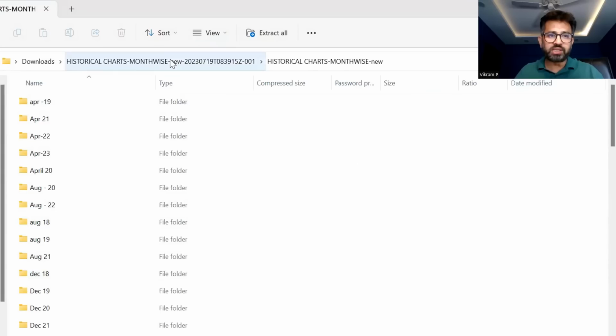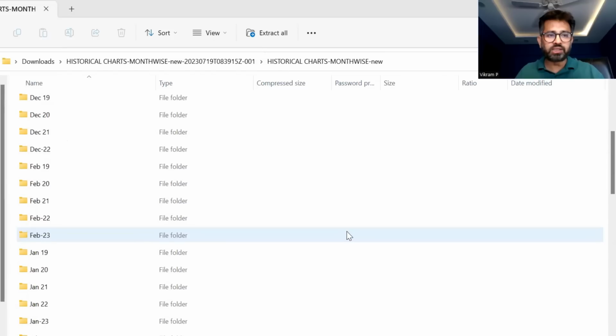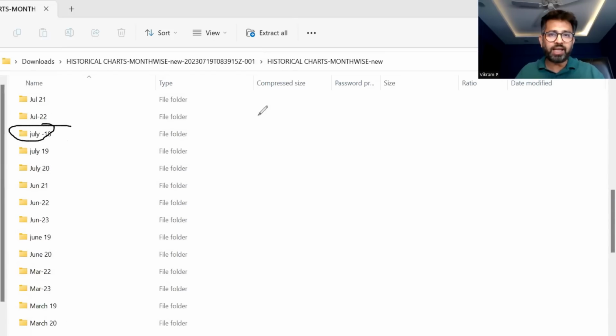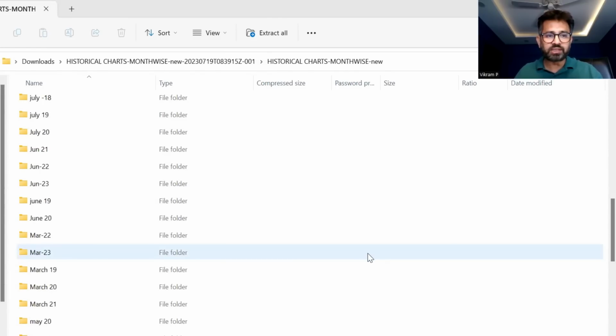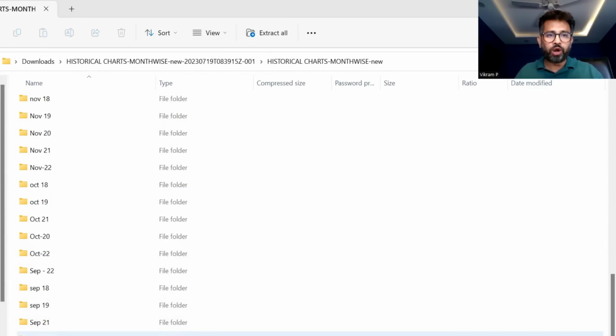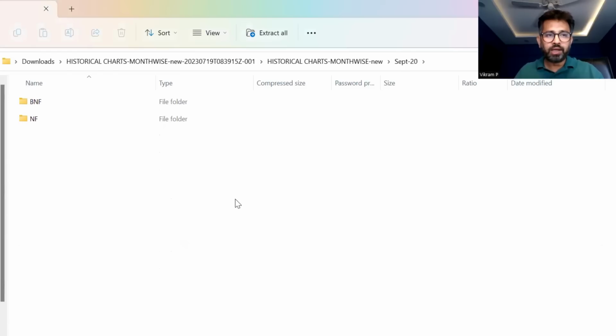For example, you can see that I have April 2019, 21, 22, 23, and also August 2018 and December 2018. Every month I save the Nifty Bank Nifty charts from July 2018. Every day I make it a point that after the market closes, I save the Nifty Bank Nifty chart and do the analysis. That is why you can see all these charts on my computer screen.